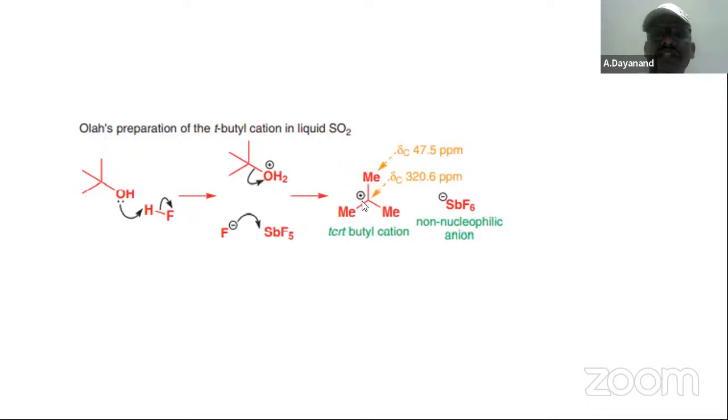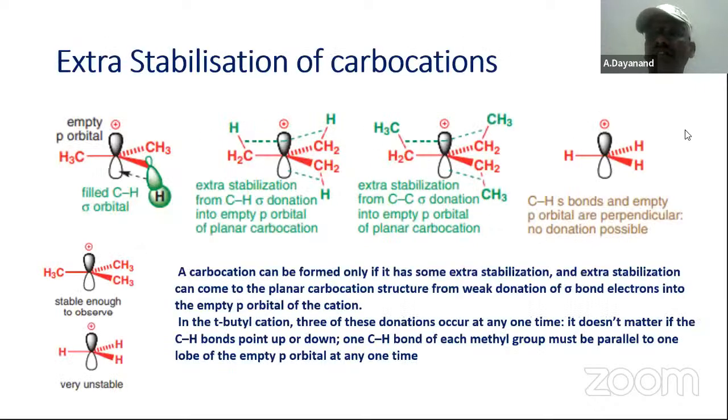In that way, the carbocation was first of all separated by a scientist who got a Nobel Prize for separating them. The question is why they are more stable. A carbocation can be formed only if it is extra stabilized. What is the reason for the extra stability?